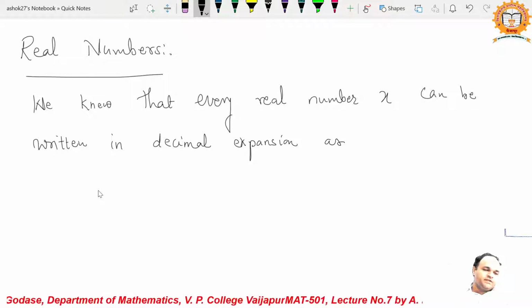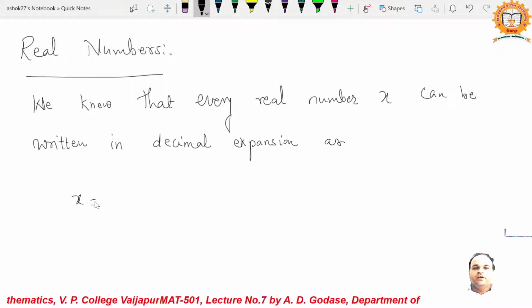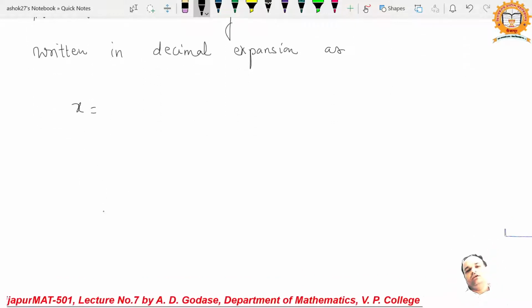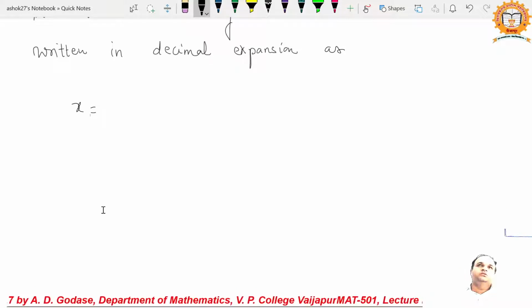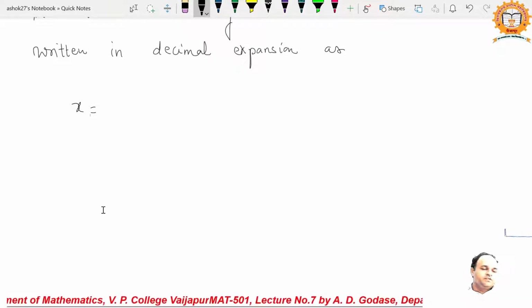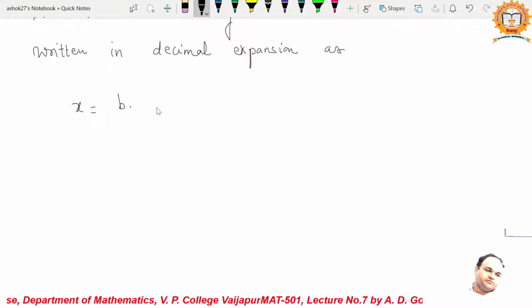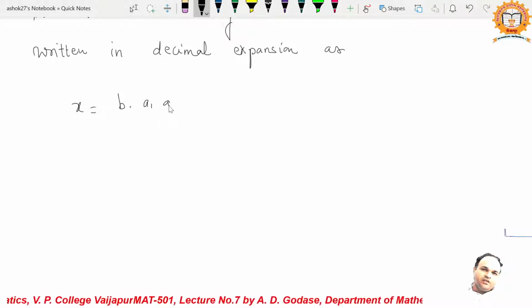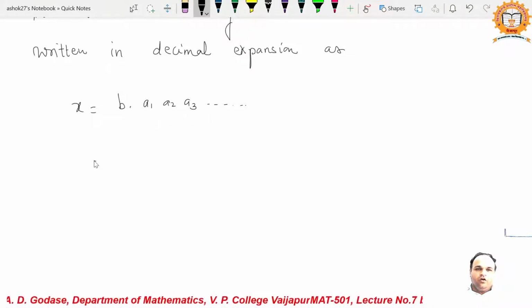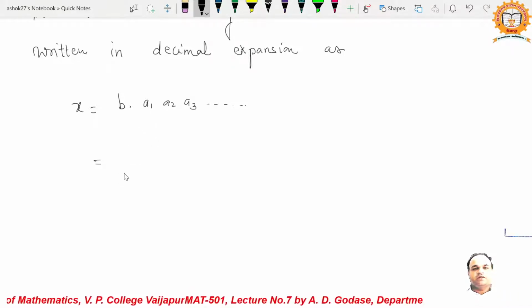Suppose x is a real number, it may be 1.23 something. Always any real number you can write in decimal expansion as, suppose, b point a1, a2, a3, going to infinity. And how will we write this decimal expansion?